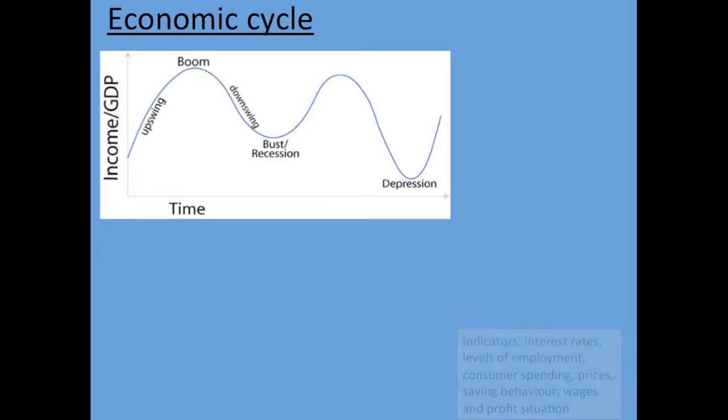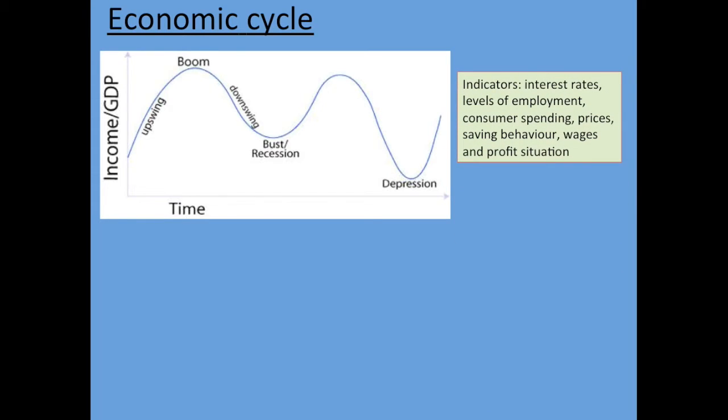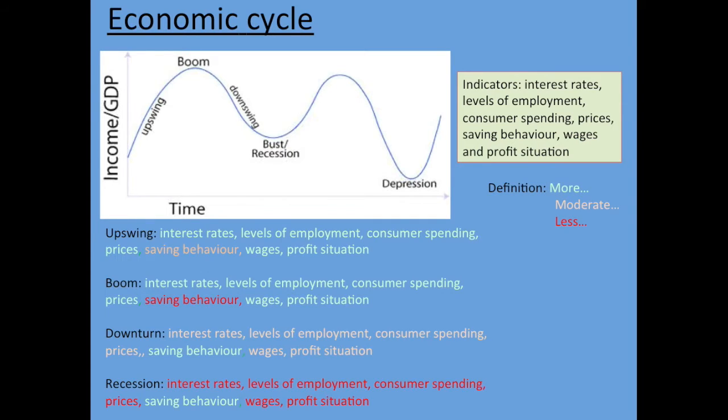With the help of indicators, we can just about assess the economic situation of a country's economy. The indicators that define the situation the best are interest rates, levels of employment, consumer spending, prices, saving behavior, wages, and profit situation. In the upswing, these mentioned factors, except the saving behavior, will increase.